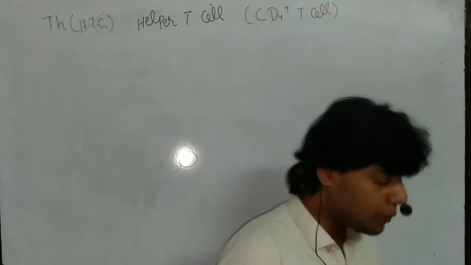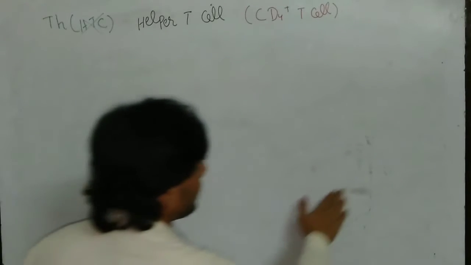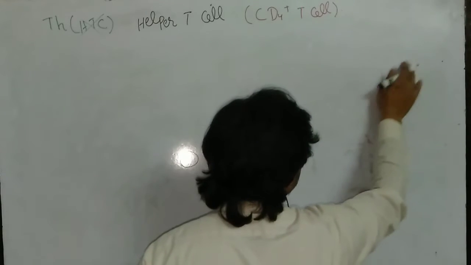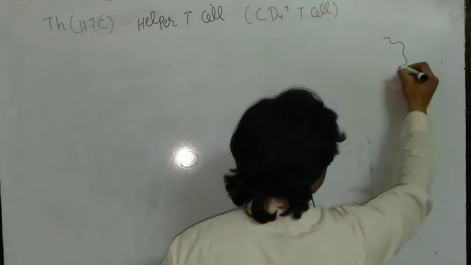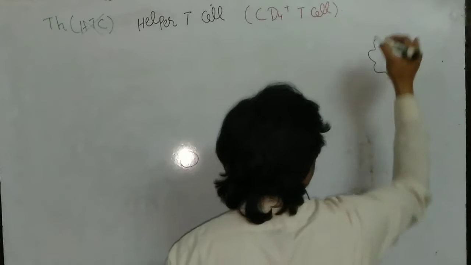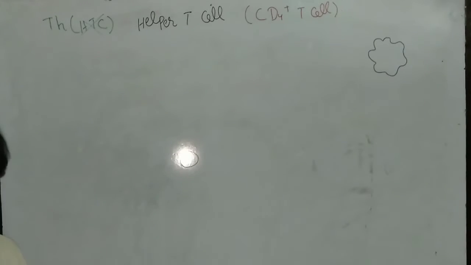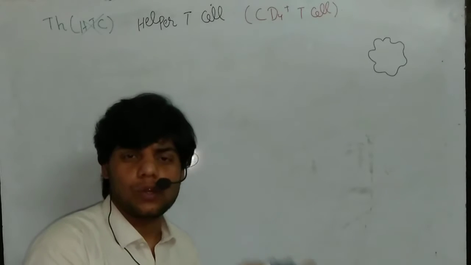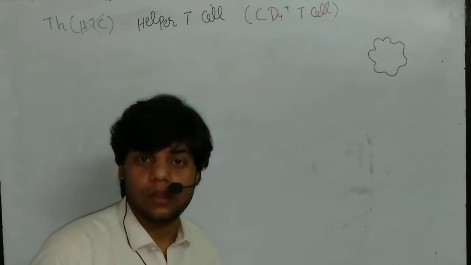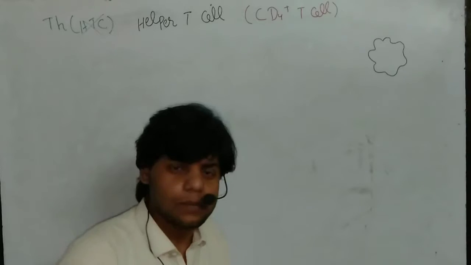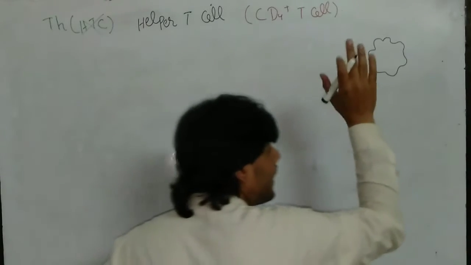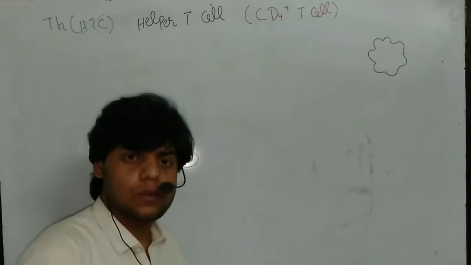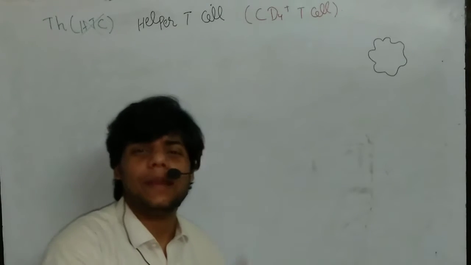Let me explain it with the help of a diagram. Let's suppose this is a normal cell of the body, maybe a macrophage, dendritic cell, innate immune cell, tissue cell or epithelial cell, whatever you can say. Let's suppose this cell got infected with bacteria, virus, fungi or any parasitic infection.